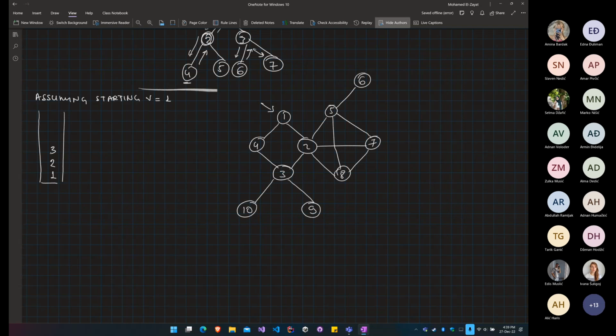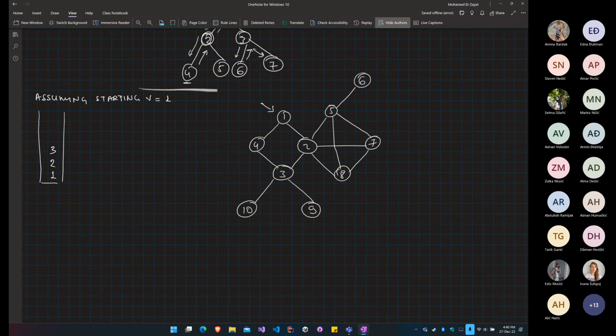And 3 still has children, so I cannot stop yet, because from 3 I can go to 4, I can go to 10, and I can go to 9.